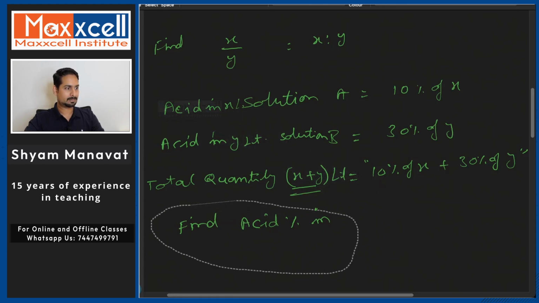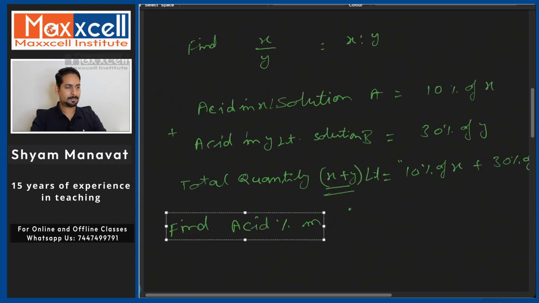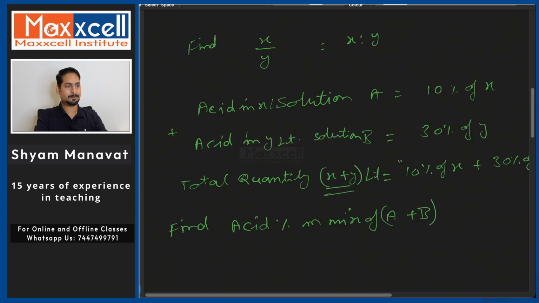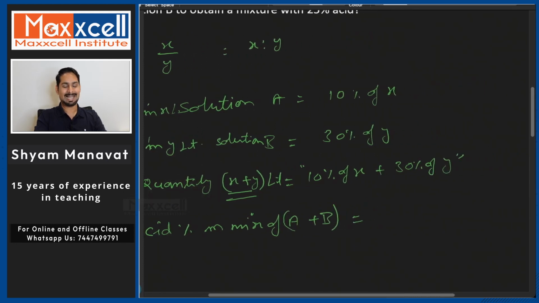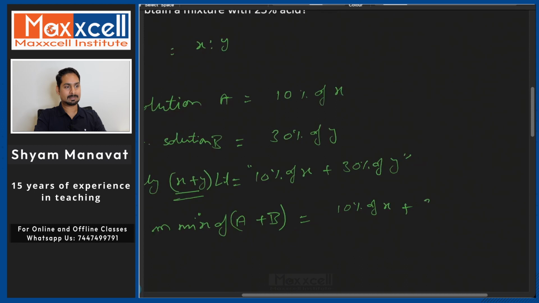In the mix of A and B, the acid is 10% of X plus 30% of Y divided by X plus Y, right?